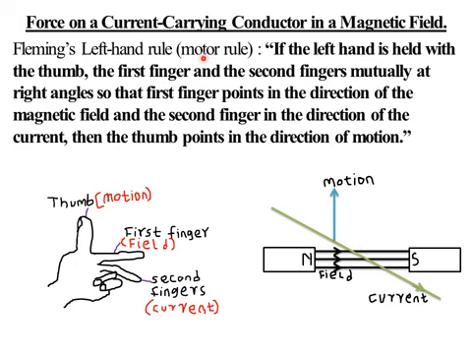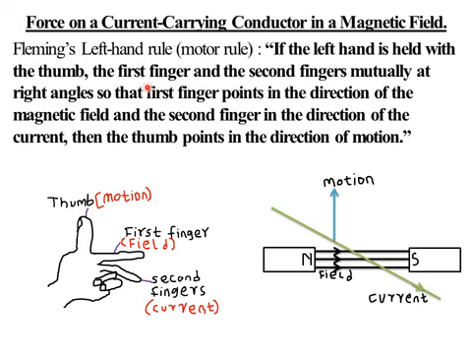And whenever you are dealing with an electrical generator, strictly use Fleming's right hand rule. Use Fleming's right hand rule. And we have given examples, so kindly don't confuse between the two. An electrical motor converts electrical energy into kinetic energy, so if you are using an electrical motor, strictly use Fleming's left hand rule.